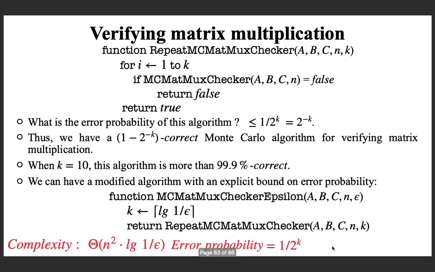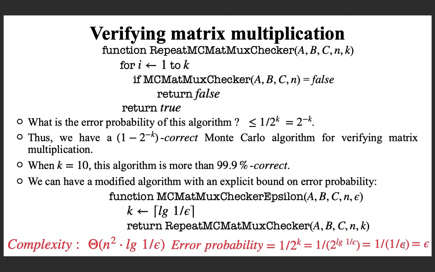It is 1 over 2 to the power k. And what is k? You substitute the value of k. It is log 1 by epsilon to the base 2. So what is 2 to the power log n for some n? It is n itself. So you are getting 1 divided by 1 by epsilon, which is nothing but epsilon.